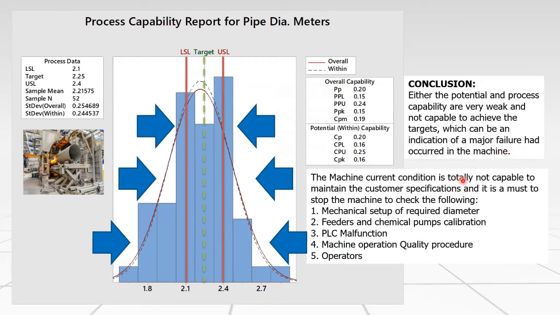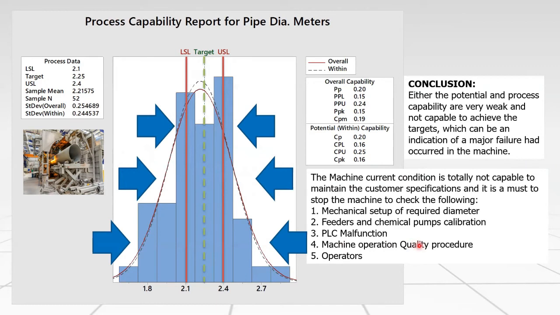The machine's current condition is totally not capable of maintaining the customer specification, and it is a must to stop the machine to check the following. Number one is the mechanical setup for the required diameter. This type of machine is process manufacturing, and every time it produces a different diameter, there is a need to change the structure design of the machine.